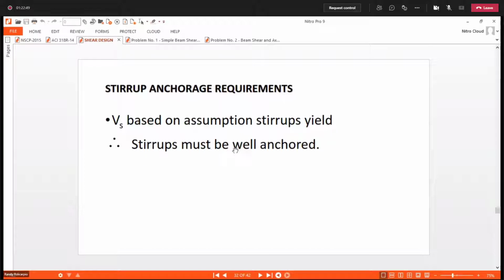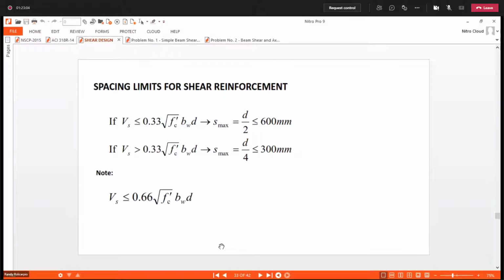Stirrups anchored, so requirement ito sa stirrups when considering VS. By the way, yung VS na yan, that is the shear force due to tension dun sa ating stirrups.